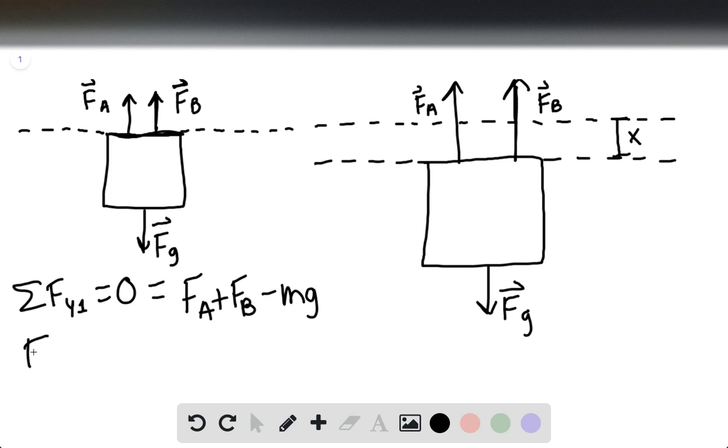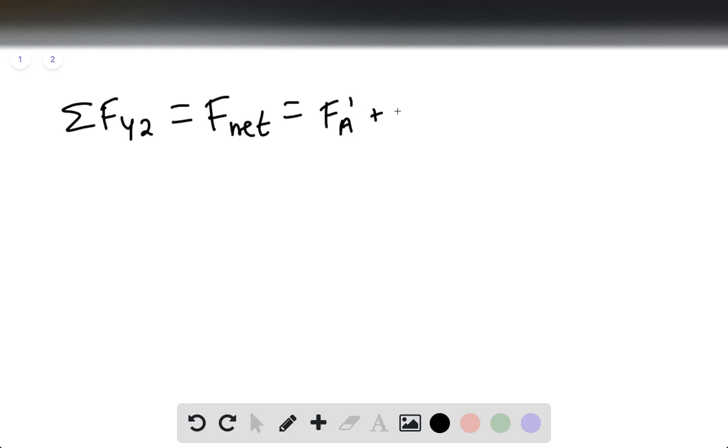So we can say that F of A plus F of B equals mg. And then we can say that sigma F of y2, so 2 simply denotes the second scenario that we've drawn, is going to equal F net. And this is going to equal F A prime plus F B prime minus mg.